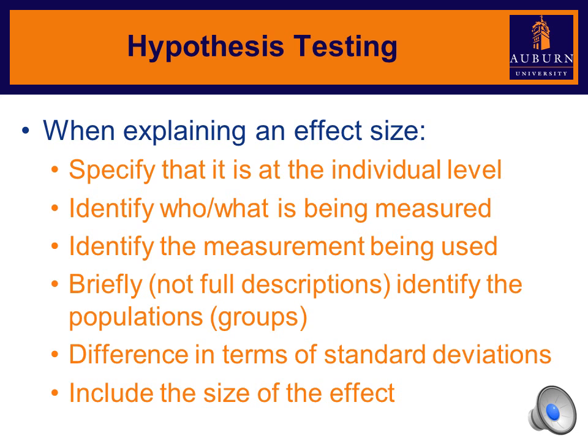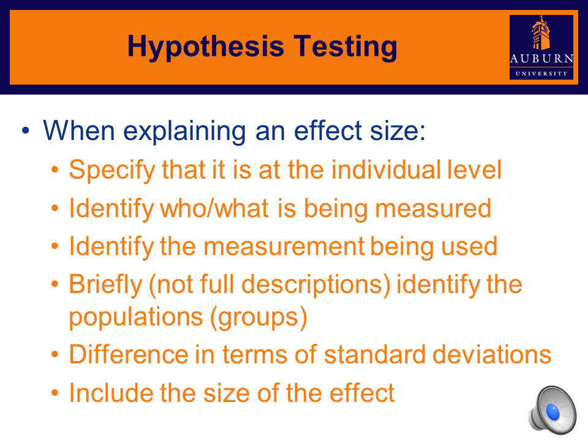So we also want to identify who or what is being measured. So in this case, we're talking about Applebee's employees. We also want to identify the measurement that is being used. In this case, we are measuring performance. We also want to identify our populations or the groups, so in this case the new and the old training programs. We would like to include the difference in terms of the standard deviations, so that number you calculate.